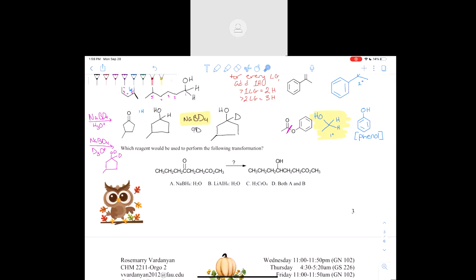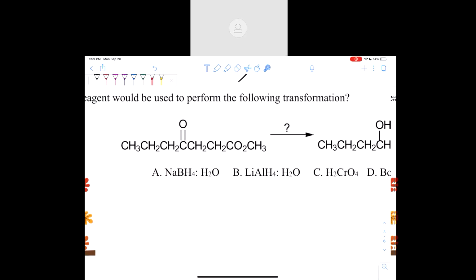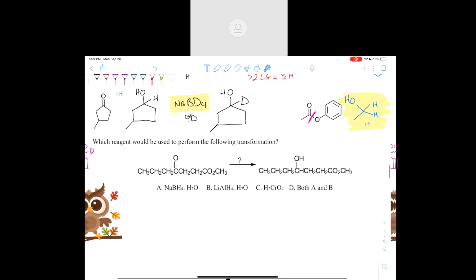Excuse me, is it possible to use H2O with NaBH4? Yes. So it wouldn't be the answer A and B then? No. And that's the reason I want you to draw it out. It's not going to be both because you have to consider the ketone and this functional group.